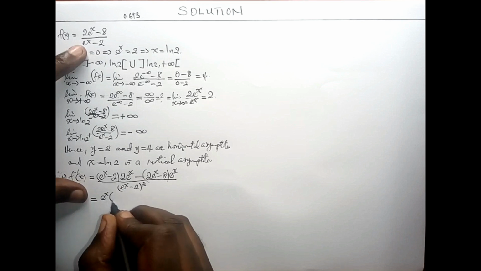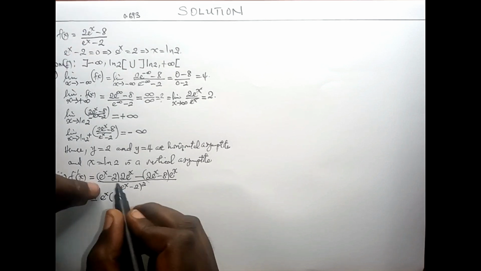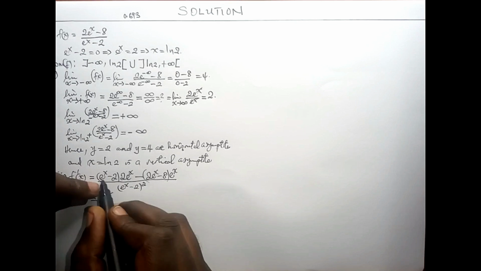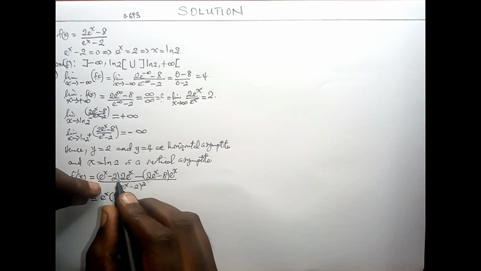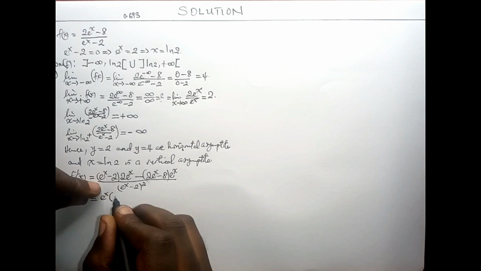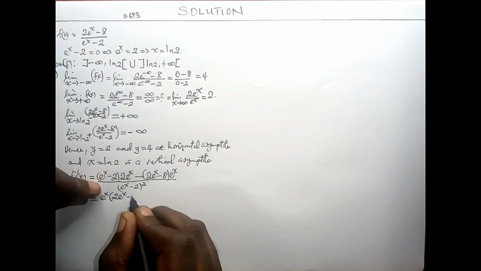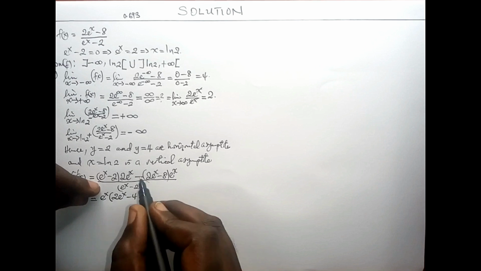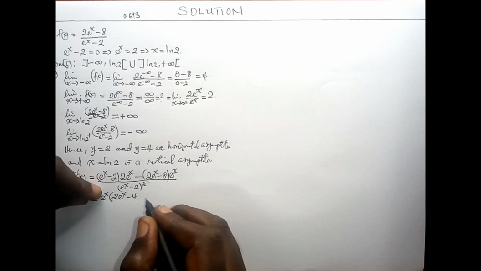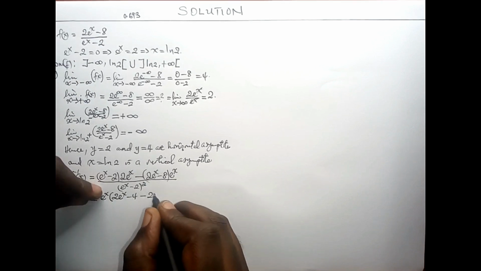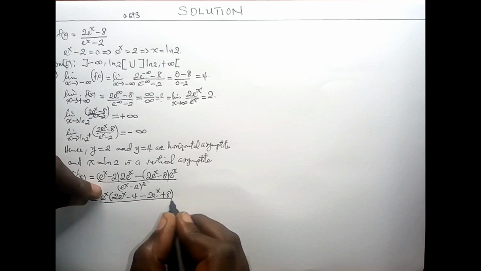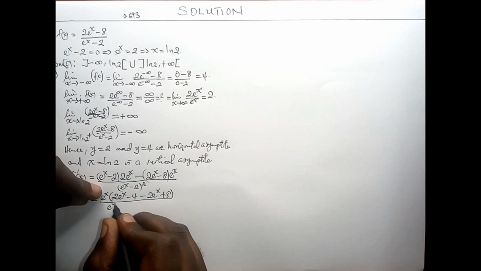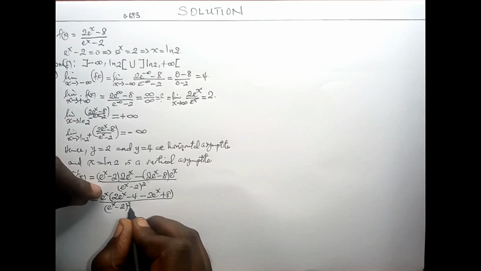I factorize it, and then divide the whole of this term by e^x. I get 2 into that bracket, which I expand to have 2e^x − 4. And when I divide this other term by e^x, I get negative 2e^x, and negative times negative will be plus 8, all over (e^x − 2) all squared.